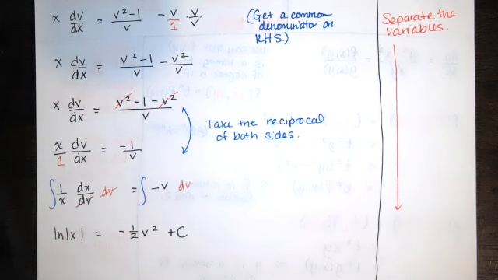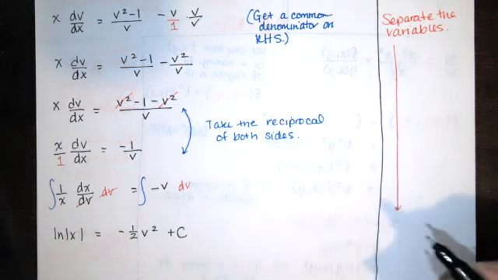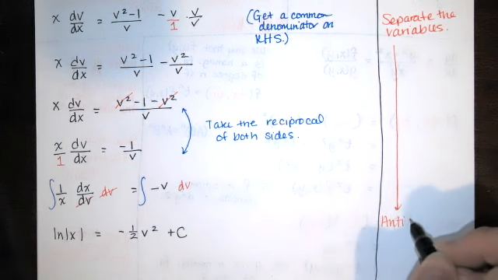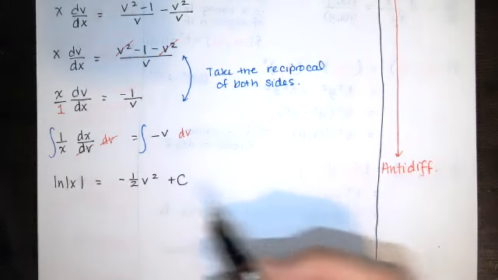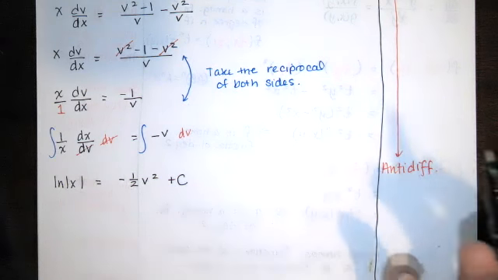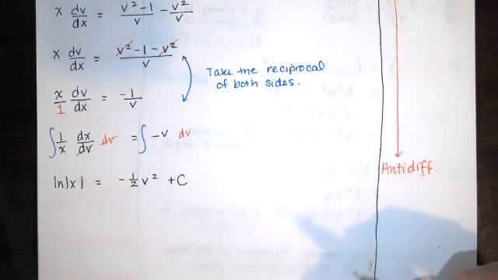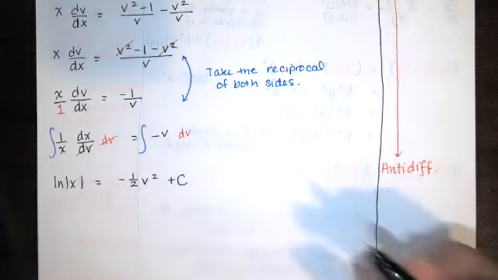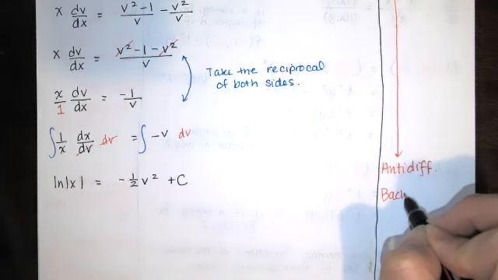Okay, so we separated the variables, then we anti-differentiated each side with respect to the variable on that side. And then once you do that, you have an implicit solution involving v and x. But remember, we want a solution involving y and x. So let's replace v with whatever it was in terms of y and x. So you're going to back substitute.